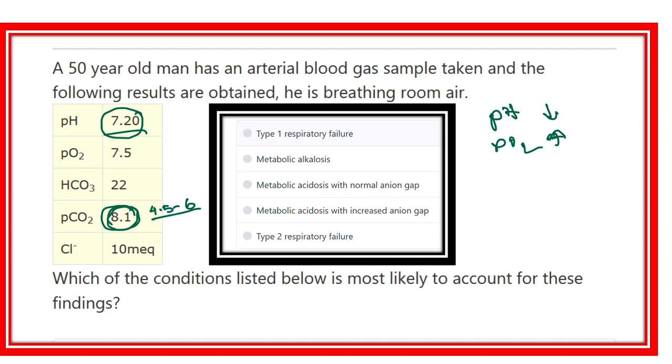But here we can see two types of respiratory causes. One of them is type 1 respiratory failure, another is type 2 respiratory failure, and both cause respiratory acidosis. Now see the difference between type 1 and type 2 respiratory failure.